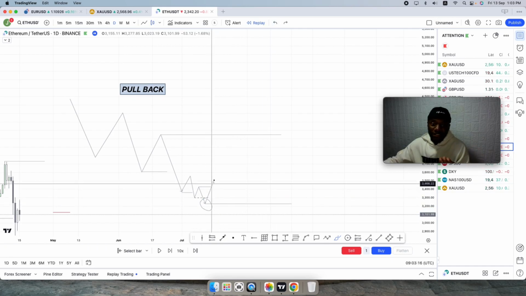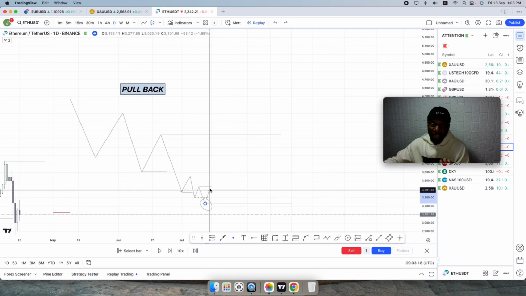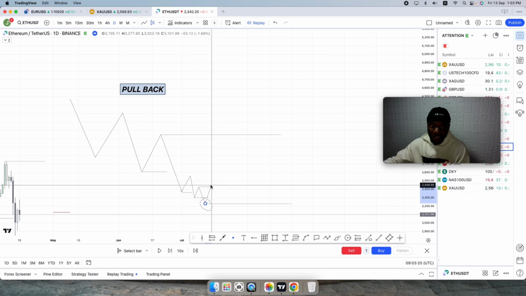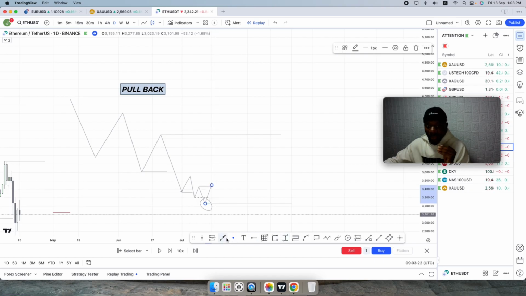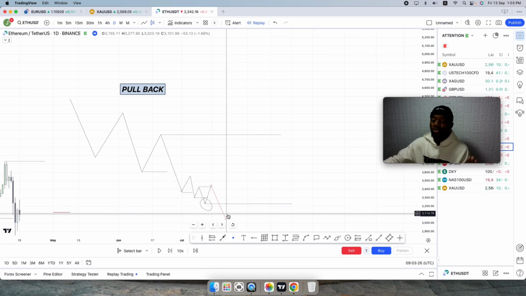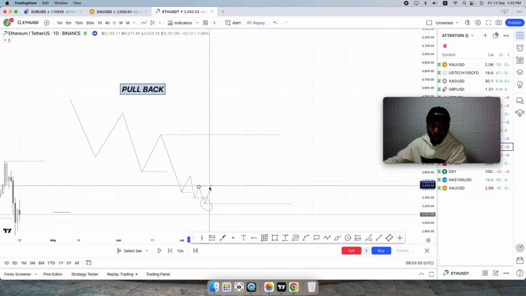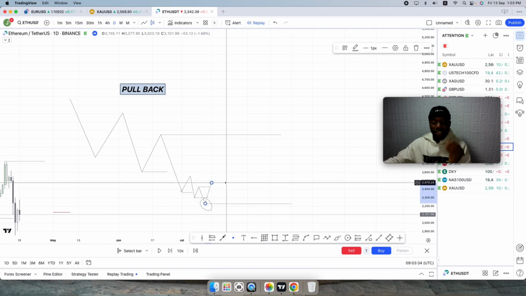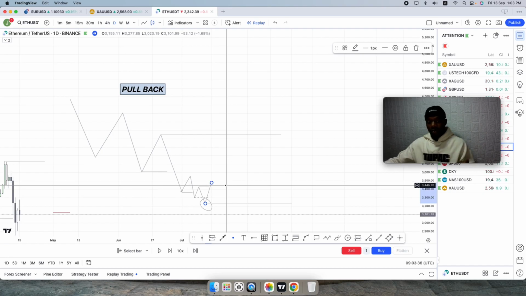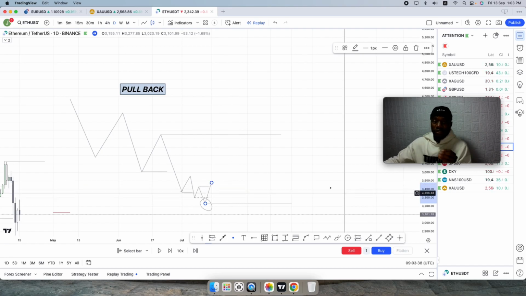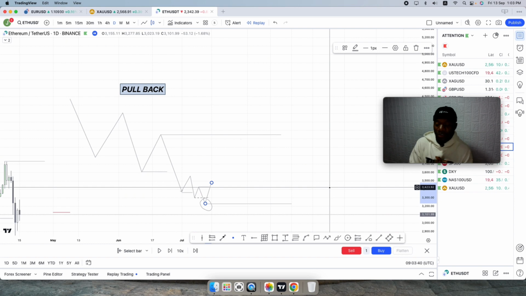Because you don't know if the market maybe gets to here, or gets here and liquidates this low, and comes back again to continue the trend. You don't know yet. So you have to allow the candle to close properly and show you that this is a proper change of character from the lower time frame. Then you can really tell that now the market is about to pull back.